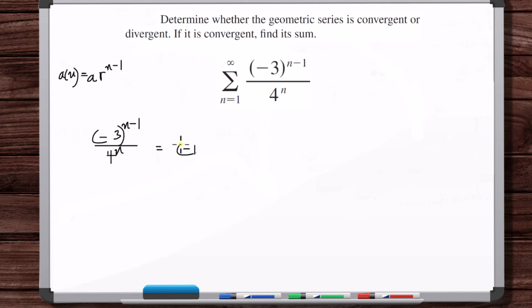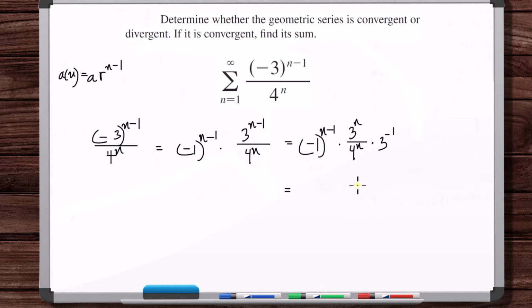So we've got minus 1 to the n minus 1 times 3 to the n over 4 to the n times 3 to the minus 1.